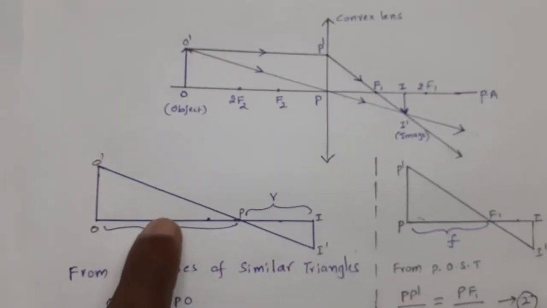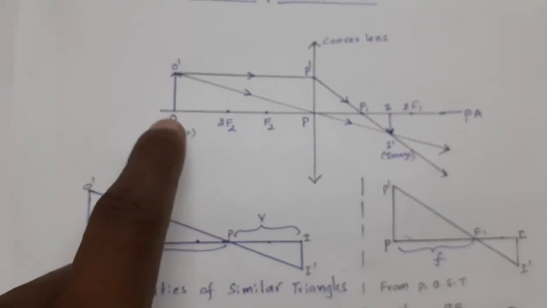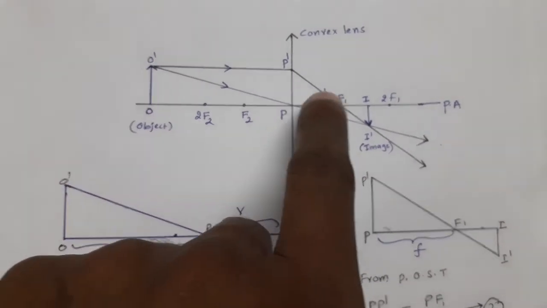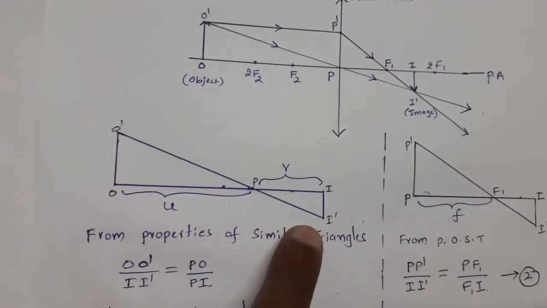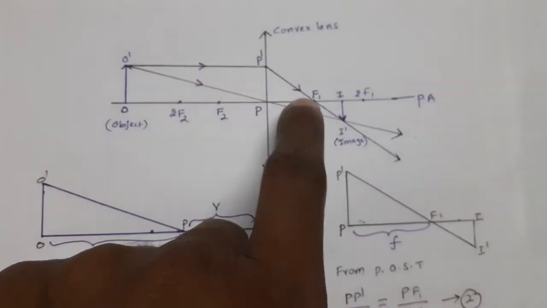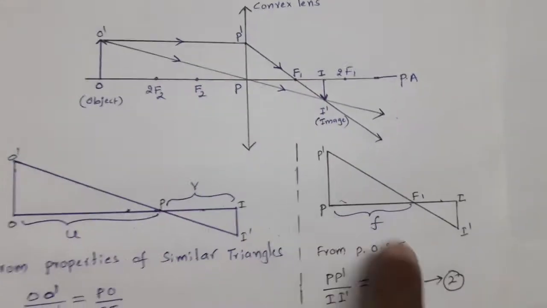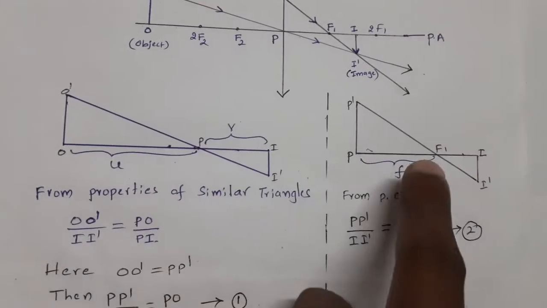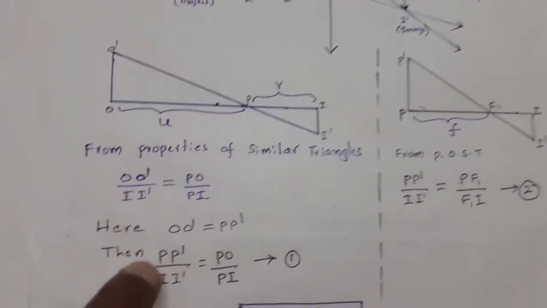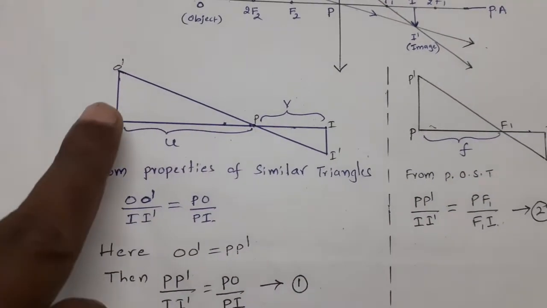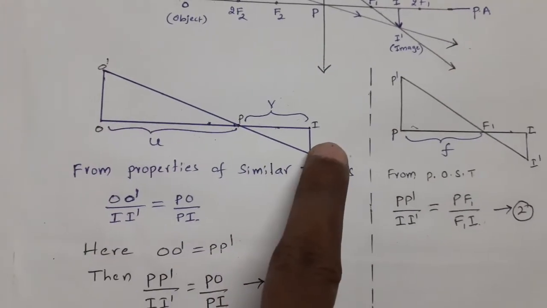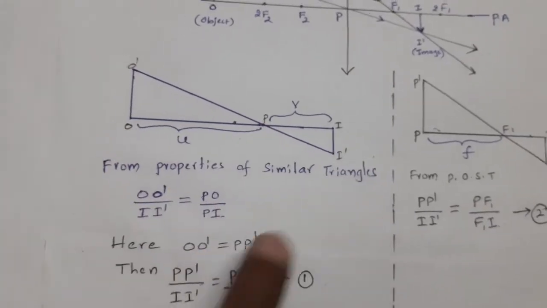I have drawn these triangles separately: OO dash P and PII dash here, and PP dash F1 and II dash F1 here. So these both are similar triangles. From the properties of similar triangles, we can write OO dash by II dash is equal to PO by PI.